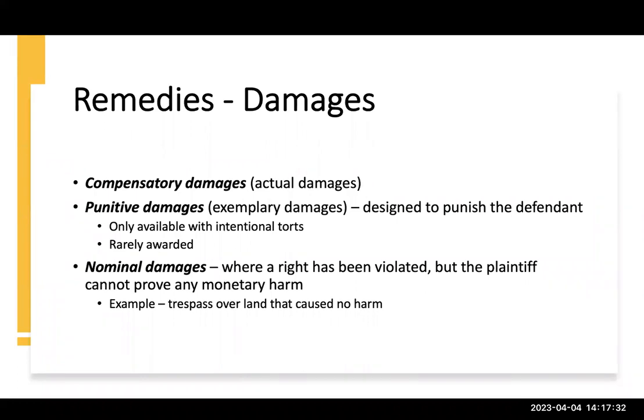They're not available for negligent actions unless the negligence was so reckless as to be all but intentional. And punitive damages are not available in breach of contract cases. So again, important to keep that in mind. The compensatory and punitive damages are the main types of damages that are involved.